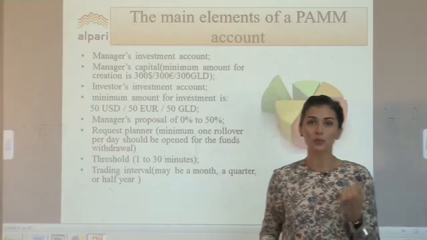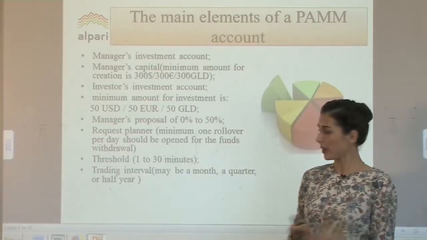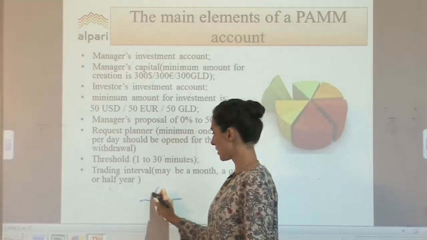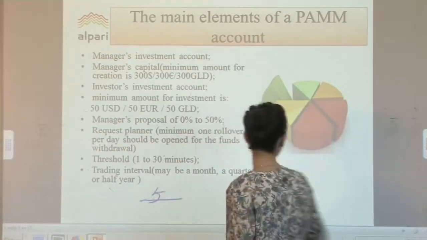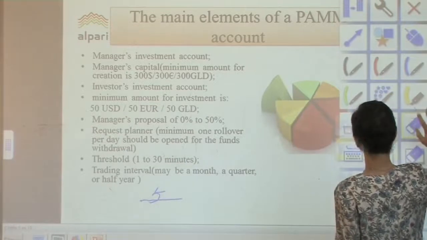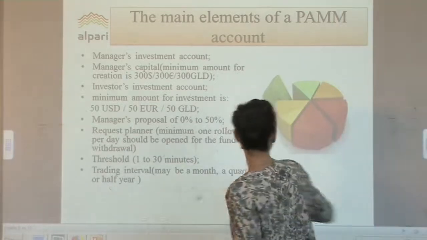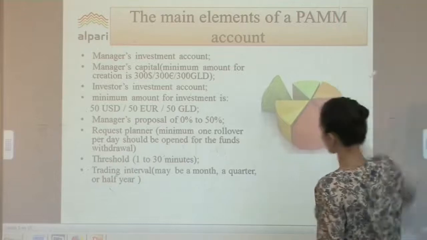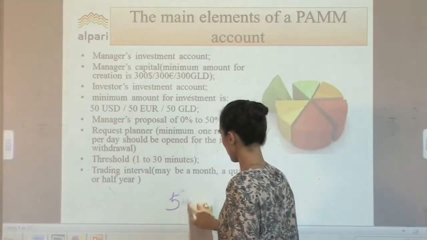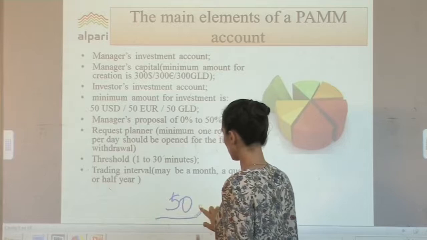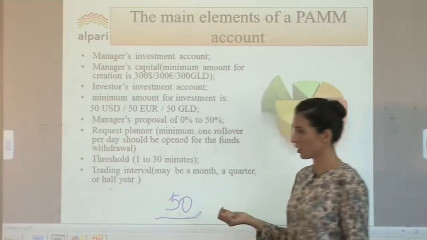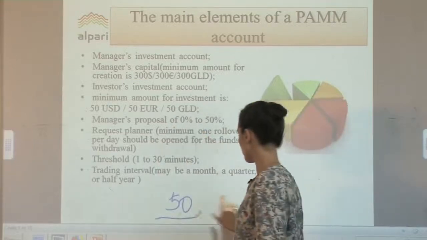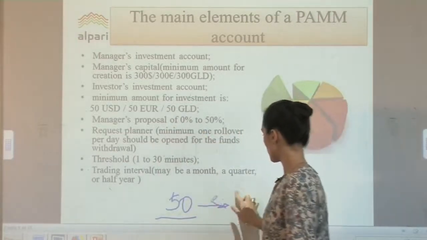A single level proposal, I'll show you now, means that, for example, you deposit $50 on the PAMM, and your proposal will be, for example, 30%.